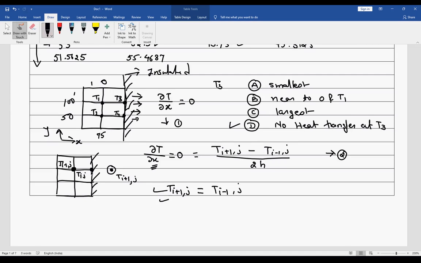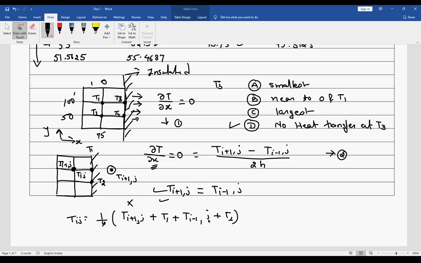Okay. So when I want to write out this value, suppose I call this value T1 and this value T2. How do I write Tij? It is equal to 1 by 4 of Ti plus 1j, which does not exist, plus T1 plus Ti minus 1j plus T2.